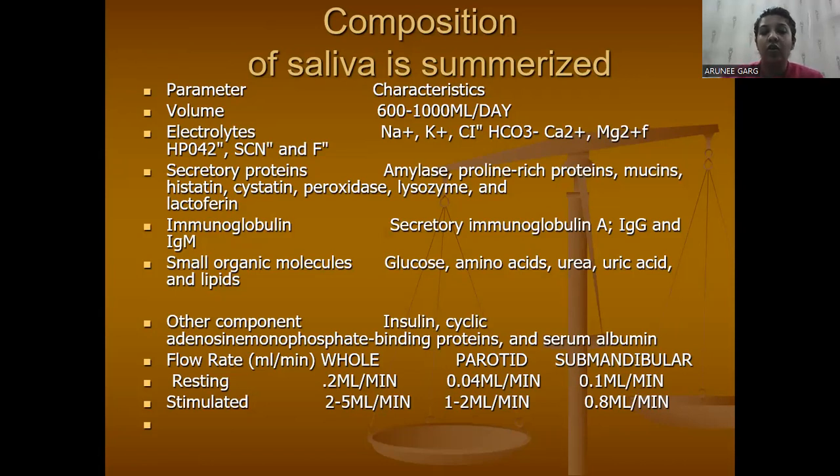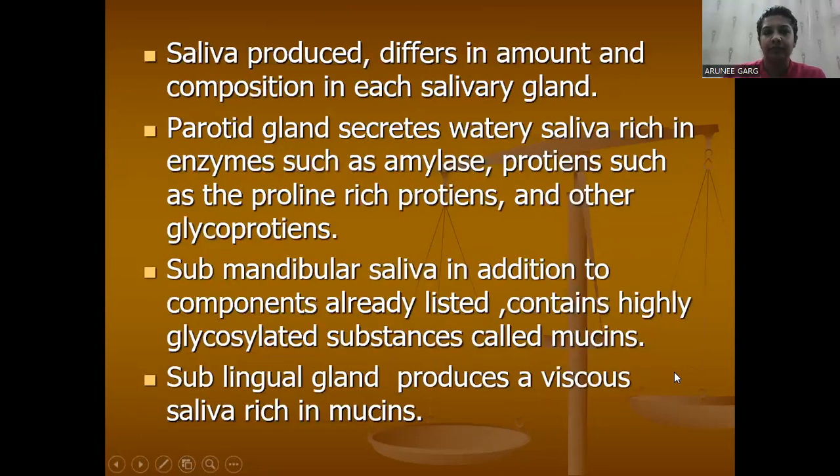The flow rate of the parotid and submandibular glands at rest and when stimulated is given as follows. Saliva produced differs in amount and composition in each salivary gland. The parotid gland secretes watery saliva, which is rich in enzymes such as amylase, proteins such as proline-rich proteins, and other glycoproteins.